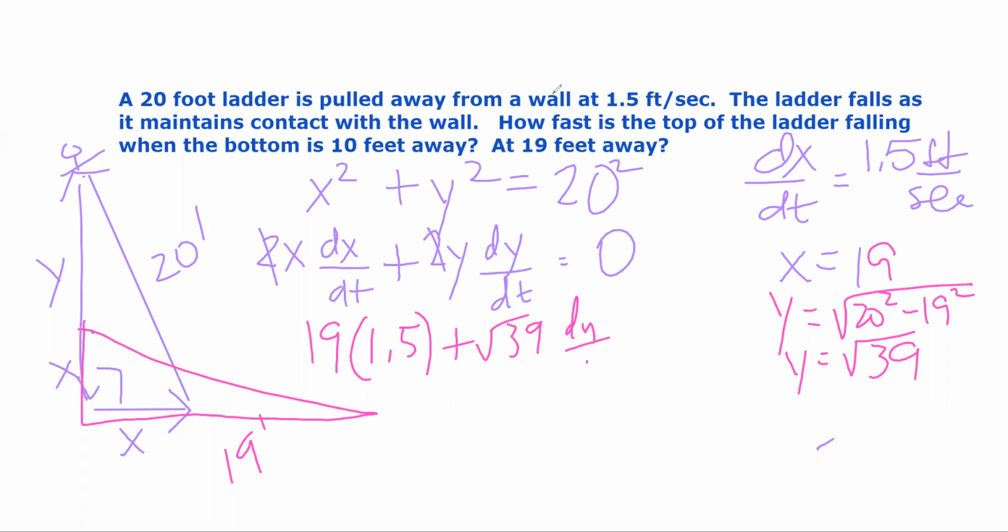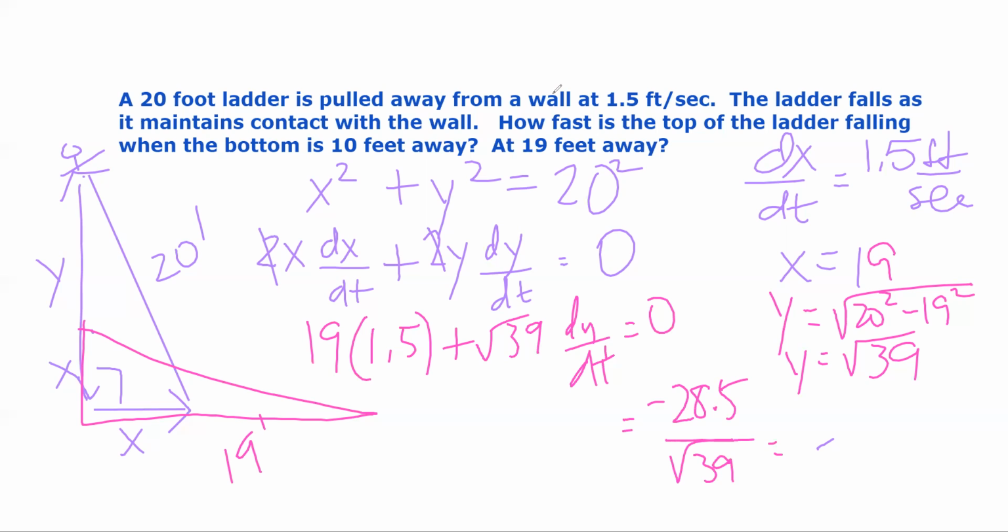And then you have dy/dt. I could also subtract 19 times 1.5. My calculator says it's 28 and a half. And I'm going to eventually divide by the square root of 39.